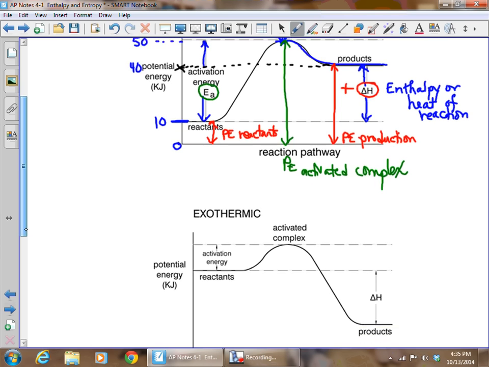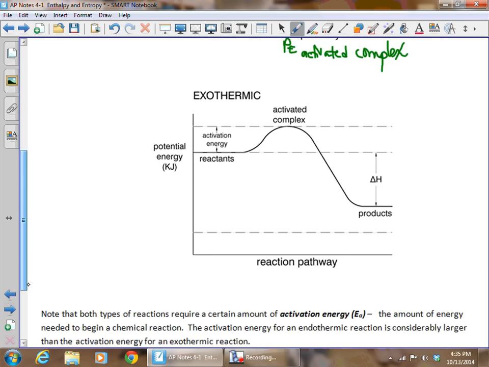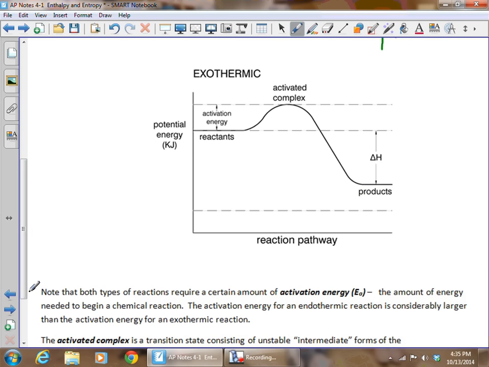So now let's go down here to our exothermic reaction. In our exothermic reaction, we have the same situation. We're going to start out with a specific amount of energy of our reactants. So if you wanted to draw a line, this line from here to here represents the potential energy of the reactants.